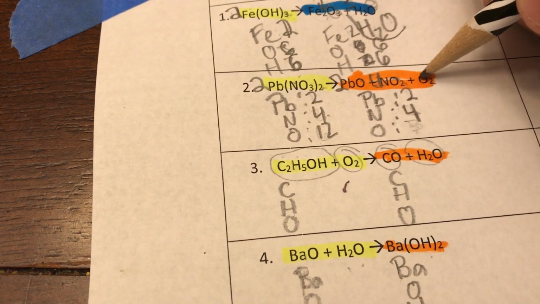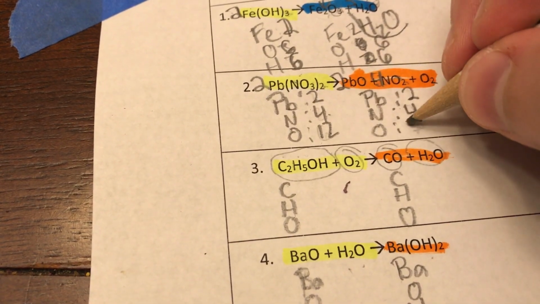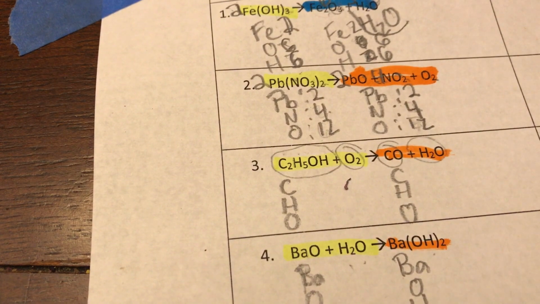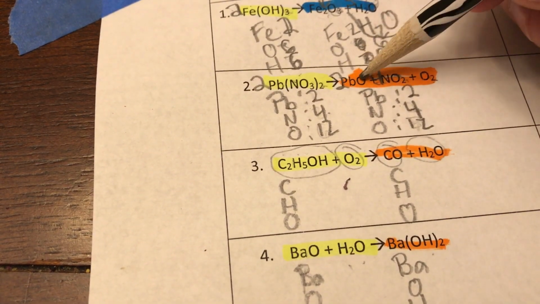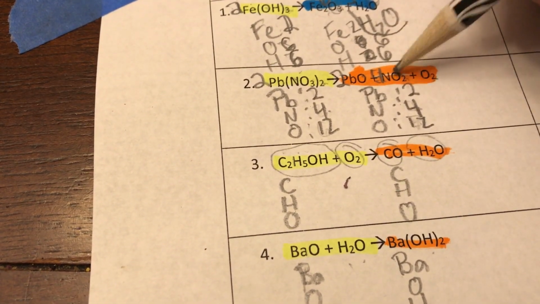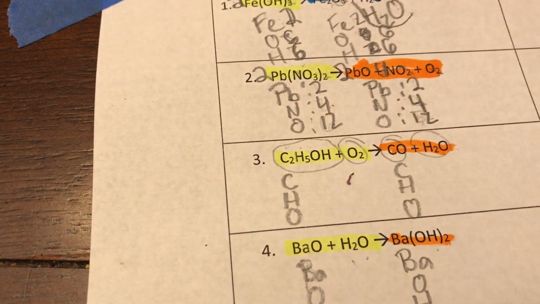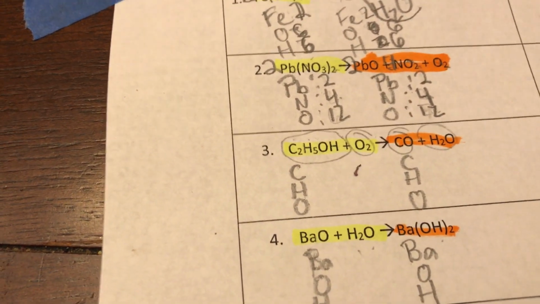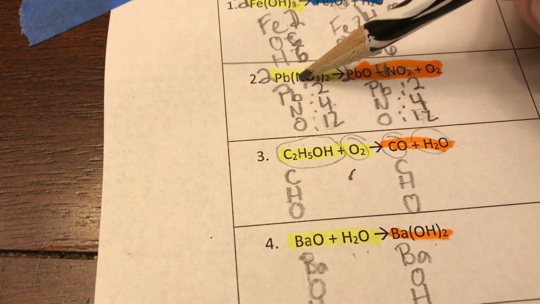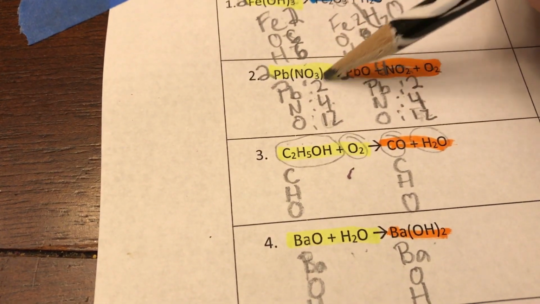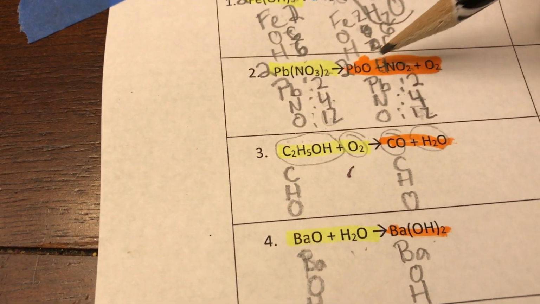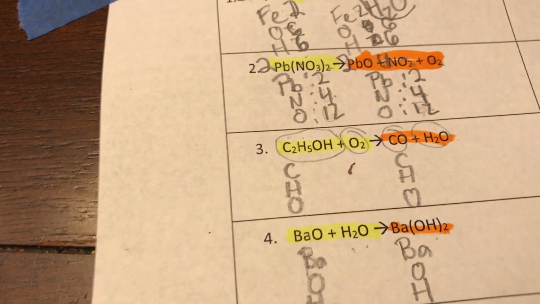Plus 2 is 12. So that works out, right? 2 oxygen plus 4 oxygen is 10, plus another 2 is 12. And hey, I balanced it. So the balanced reaction then would be 2 Pb(NO3)2 goes to 2 PbO plus 4 NO2 plus O2.